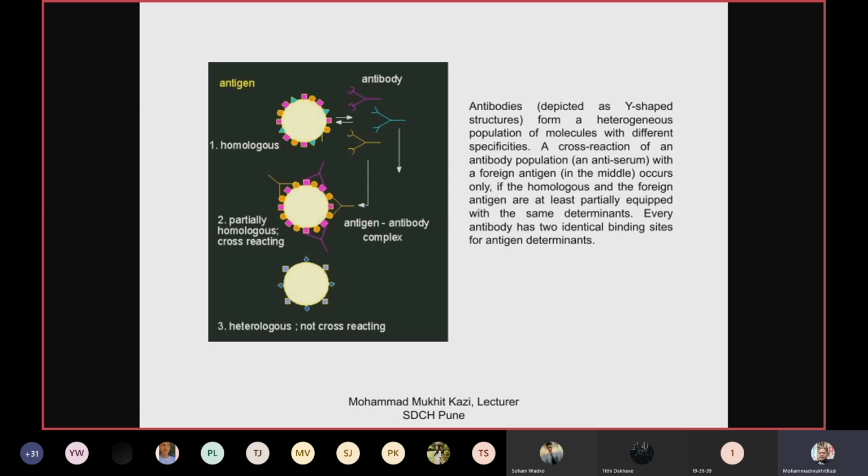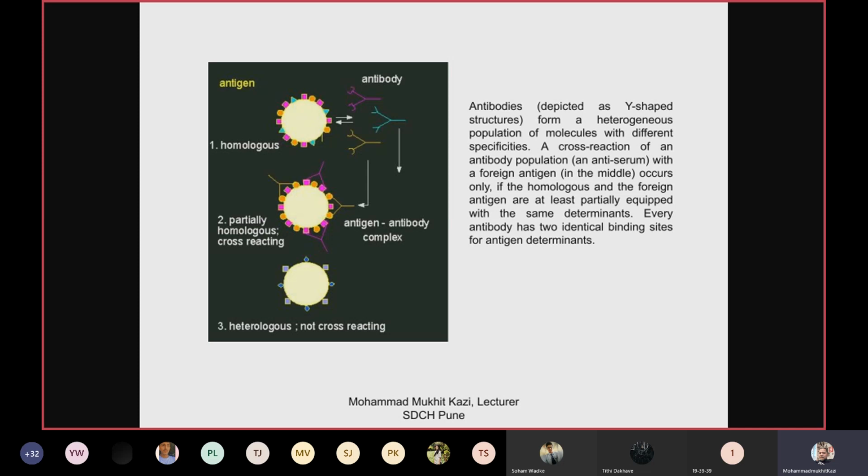What is the second? Partially homologous or cross-reacting. There are certain antibodies which will react in a non-specific way also, because that antibody has some amount of specificity to that particular antigen, but it is not completely homologous to that antigen. So there will be cross-reactivity.